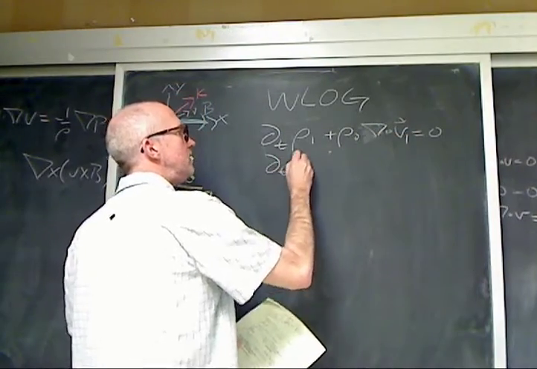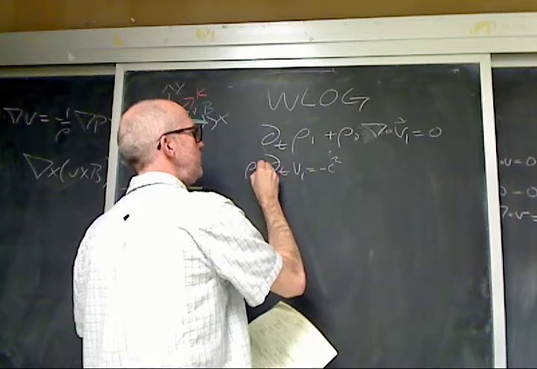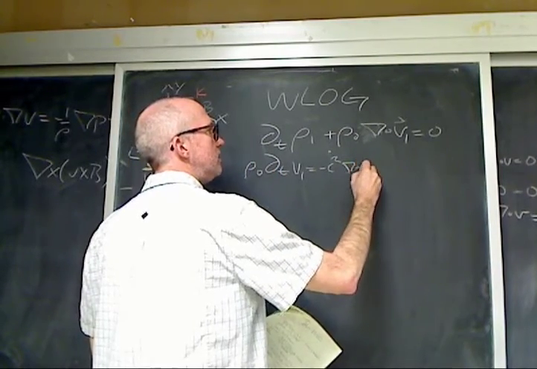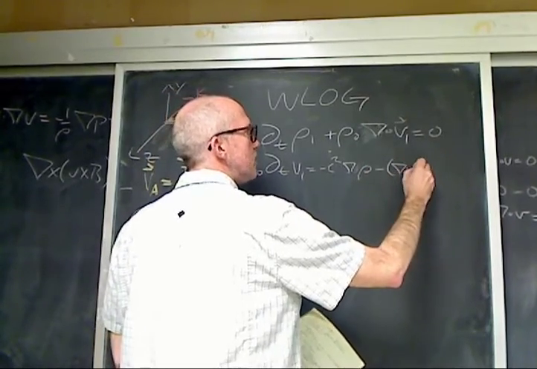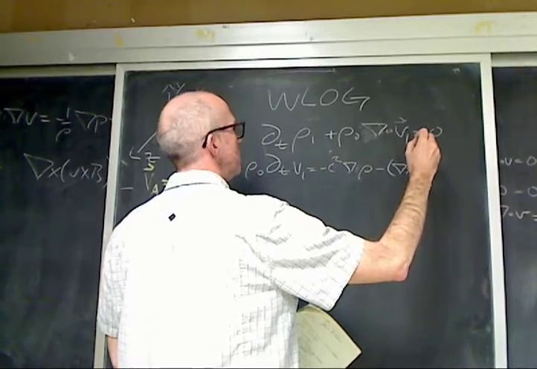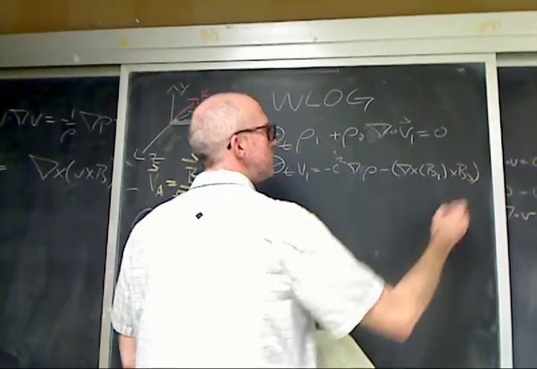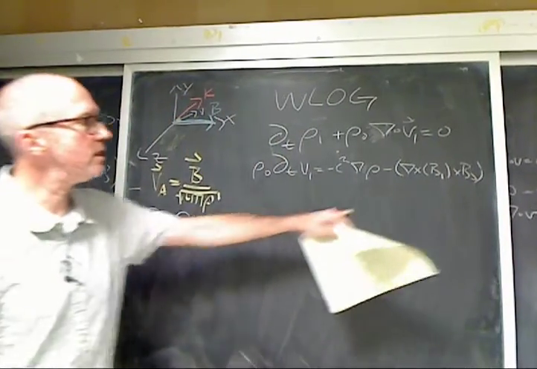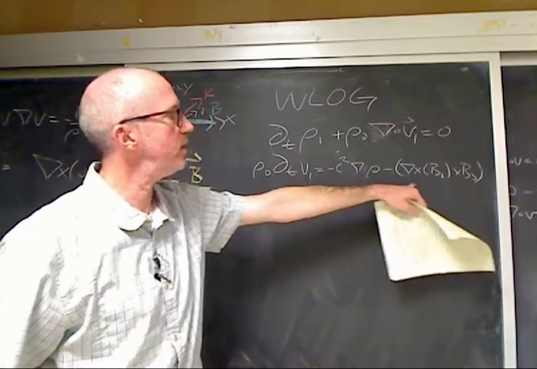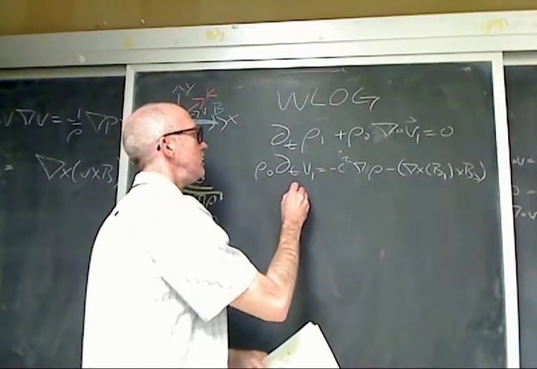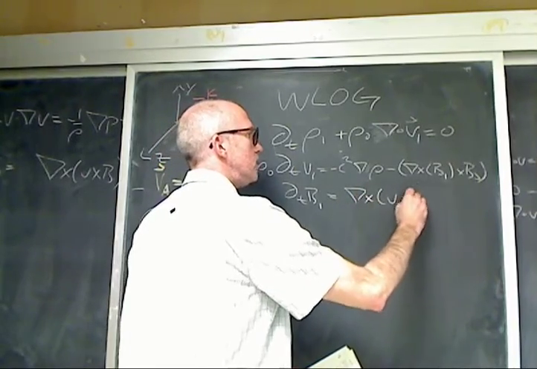We're left with d by dt of v1 equals minus c squared, let's put a rho naught here, minus c squared grad rho, minus del cross B1 cross B naught. So this is the linearized Lorentz force. So del cross B1 is the fluctuating current, and B naught is the mean B. And then the induction equation looks like d by dt of B1 equals del cross B1 cross B naught.